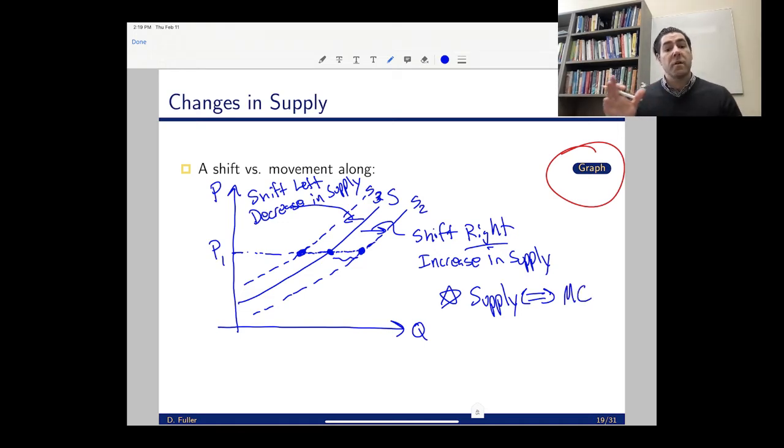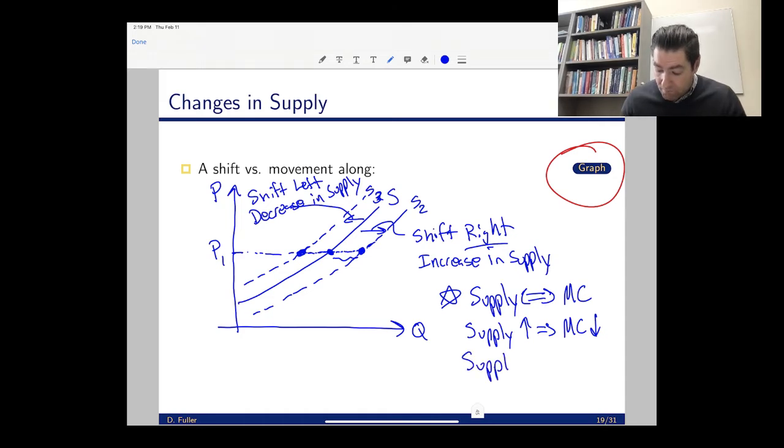So if the supply curve shifts to the right, it means that the marginal cost of producing that amount of goods has gone down. So supply increase implies that the marginal cost has gone down. So whatever might cause that marginal cost to go down will shift the supply curve to the right. If supply goes down, it means that the marginal cost to produce a quantity has increased.